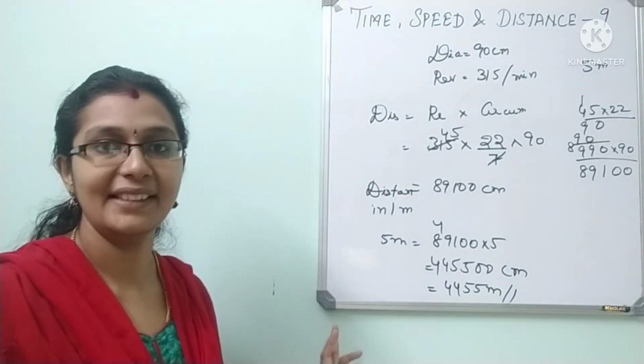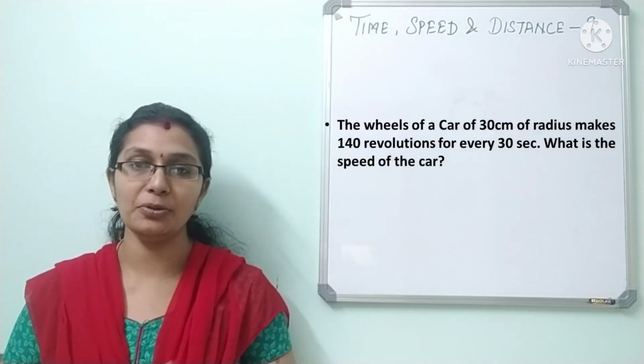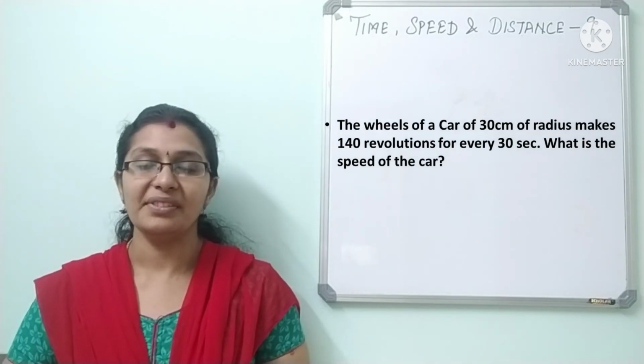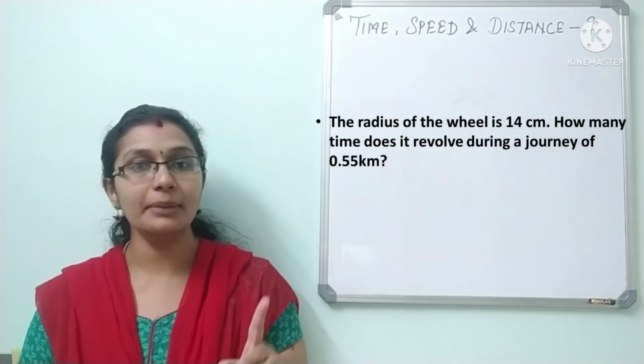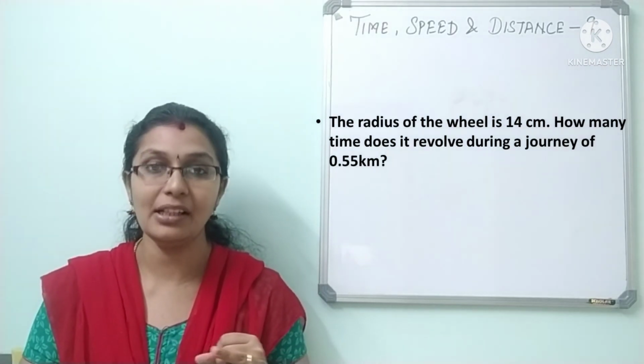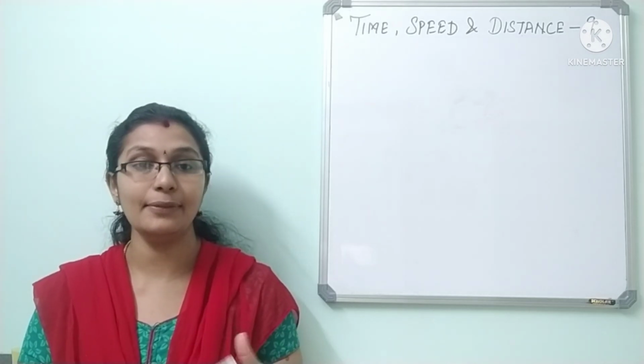Clear? Yes. So now you will have two questions displayed here. I want you to solve them by yourself and give your answers in the comment box. Just think, with one concept they can ask 6 different types of questions: find the radius, diameter, number of revolutions, time, distance, speed.